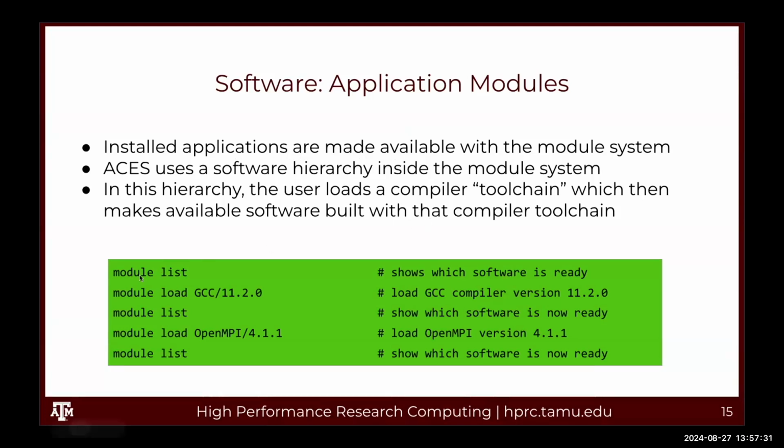These are a few of the commands that you're going to be using to load software and to interact with the software available on our clusters. In your terminal, you can run module list to see which software is already loaded. You can do module load and the name of the application or software you want to load. Once you run this command, that particular software will be ready to use.